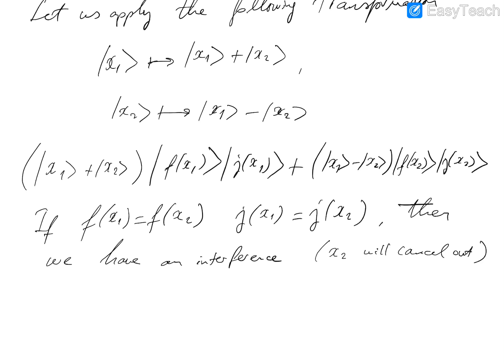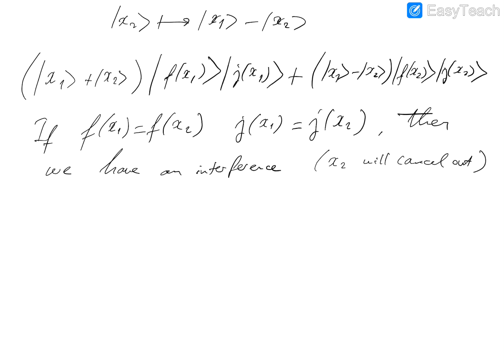Okay, but what if it were the case that f of x1 equals f of x2, but the junk bits were not equal to each other?